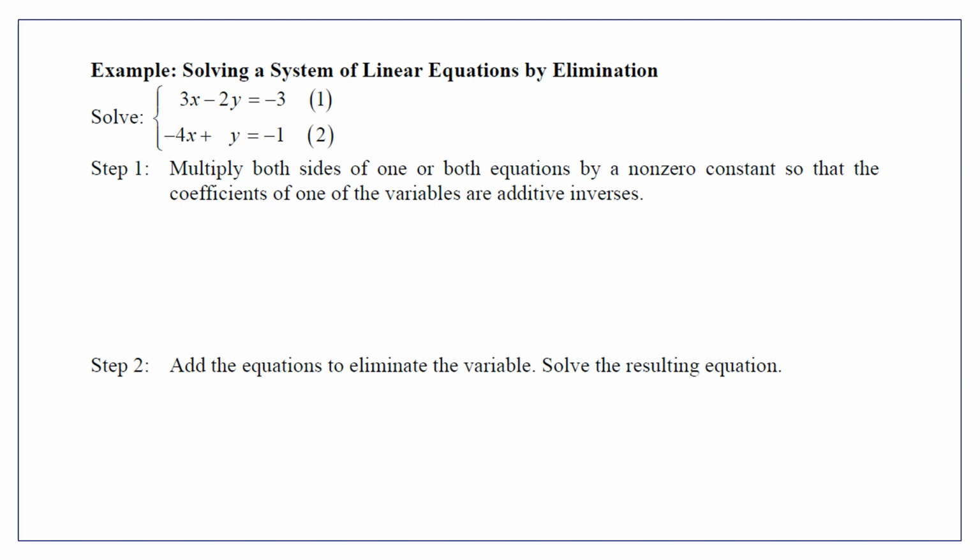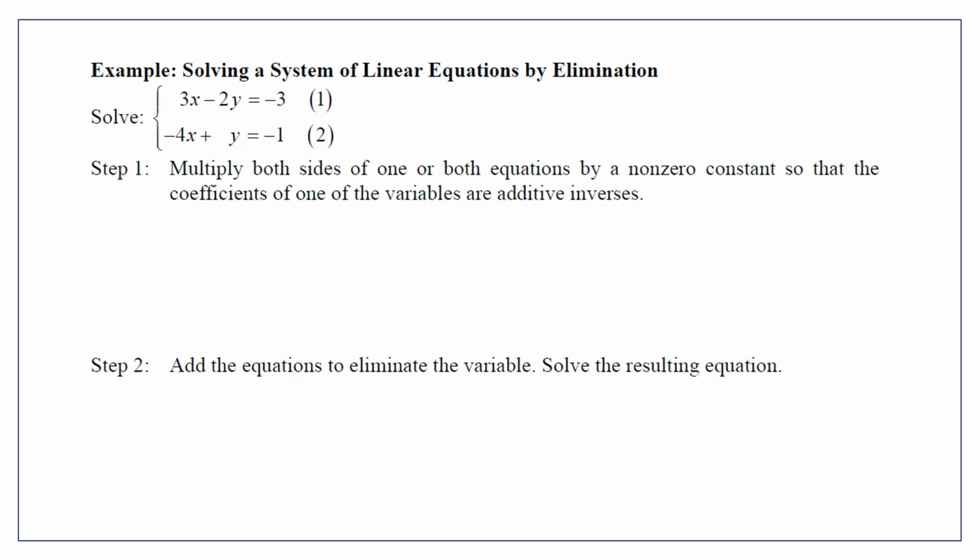Now, again, there are multiple ways that you could approach this problem, but I recommend going with the clearest pathway to solving your system. What is the clearest pathway? Well, I see here that y in my second equation has a coefficient of 1.